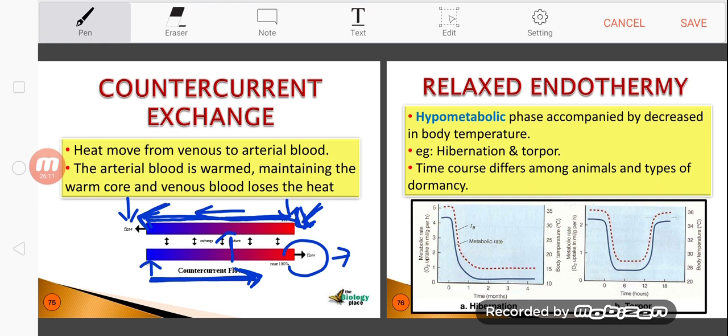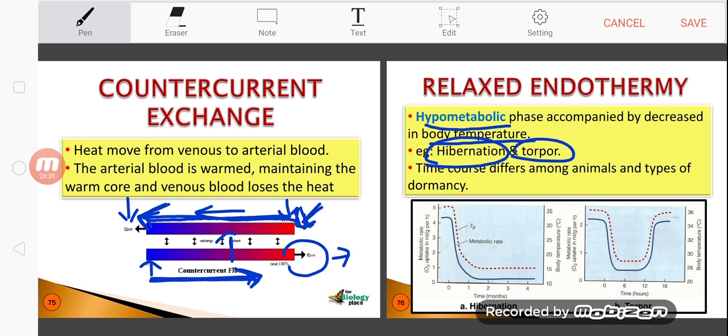Hypometabolic phase: hypo is a low metabolic phase, accompanied by a decrease in body temperature. Examples here are hibernation and torpor. Some animals in cold regions will exhibit either hibernation or torpor.